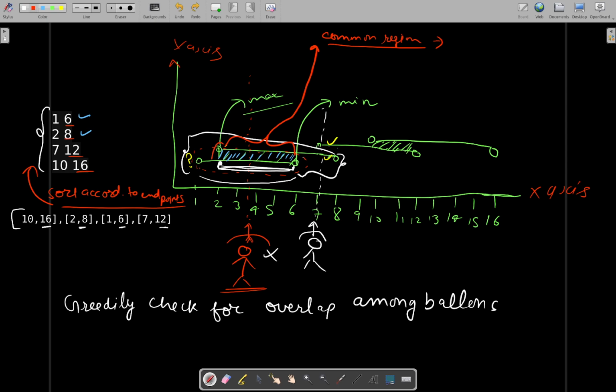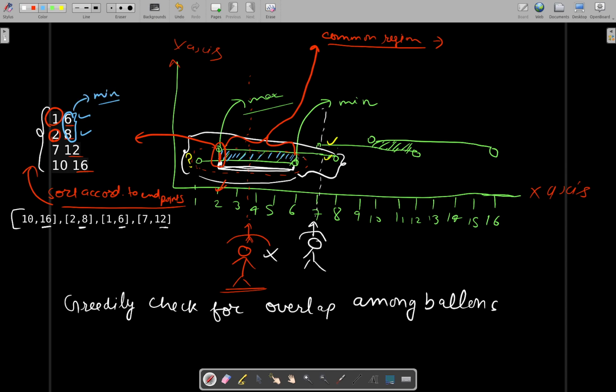we will be taking the x coordinate which has the maximum value in the left. Okay, among the left two parts, what is the maximum value? 2 here. Okay, so we will be taking this part, which was 2 among 1 and 2, and for the right part, or to be specific, this part, we will be taking the minimum value.